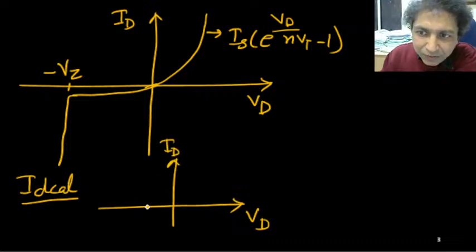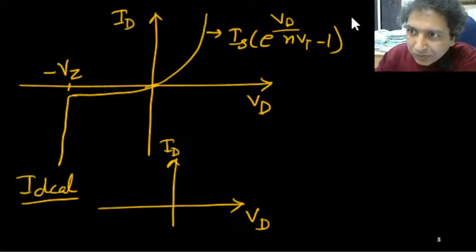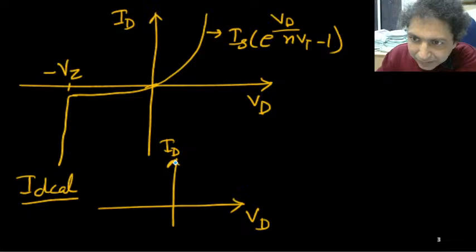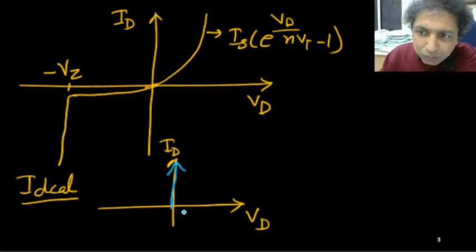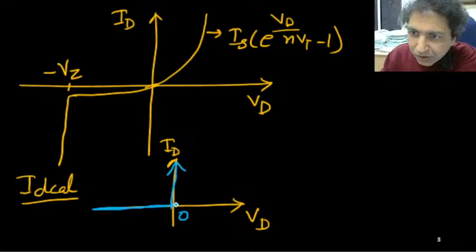Now when the diode is forward biased, then you will get huge current, but that time the potential drop across the diode is 0 volt only, and when reverse biased the current is perfectly 0. So this is the ideal diode VD-ID characteristic.